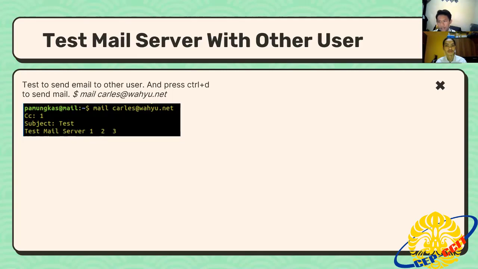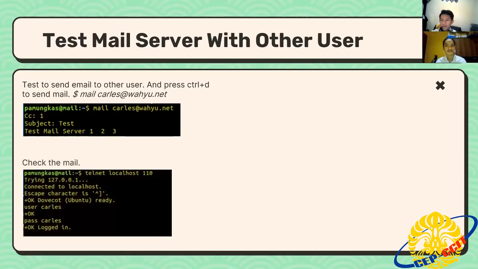After that, press enter, and we fill the subject, and we fill the message, test mail server 123, and to send we use Control D to send the message. And to test the mail, open the terminal and use telnet localhost 110.